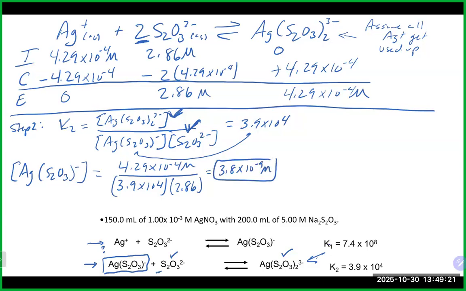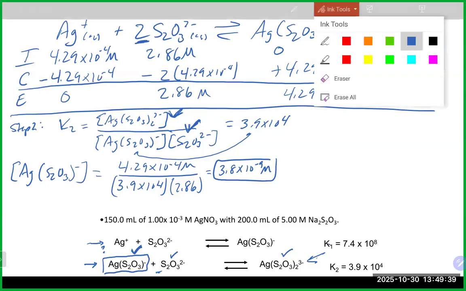Any questions on that there? So that now gives me another answer I was looking for, which is what is the concentration of that guy right there. That leaves me one thing that I have left to solve for, which is the silver concentration.